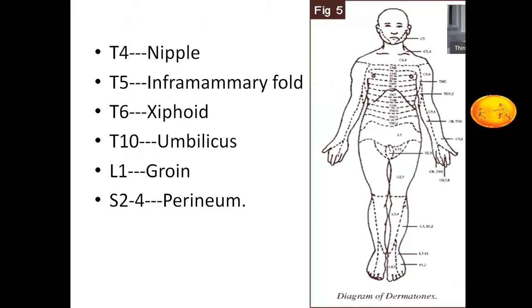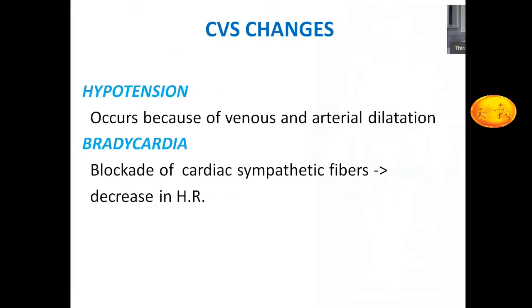Then T6 is the xiphoid. Then T10 is the umbilical level. L1 is the groin level, and S2 to S4 is the perineum level. So we can have the specific level of this blockade if we give the specific amount and the concentration of the local anesthetic into the cerebrospinal fluid.